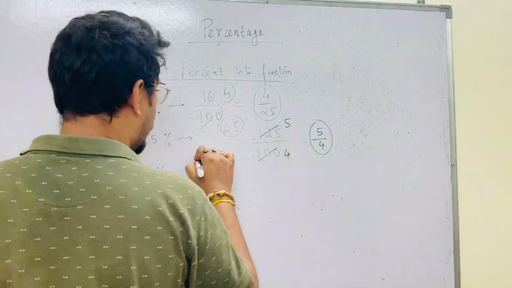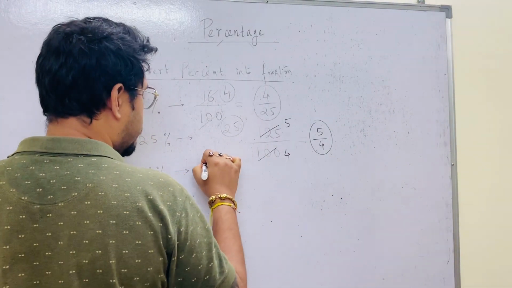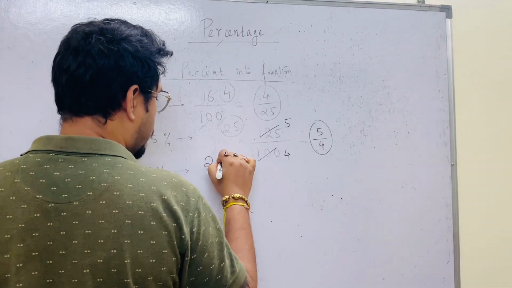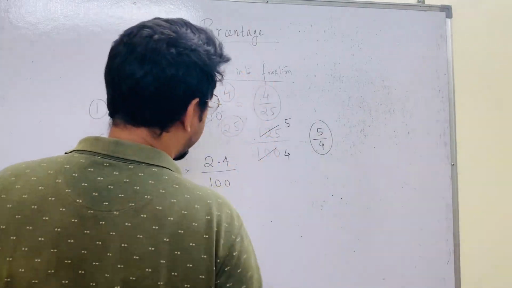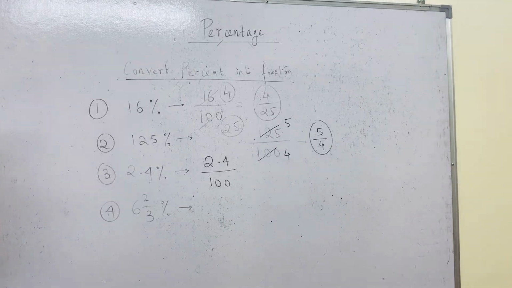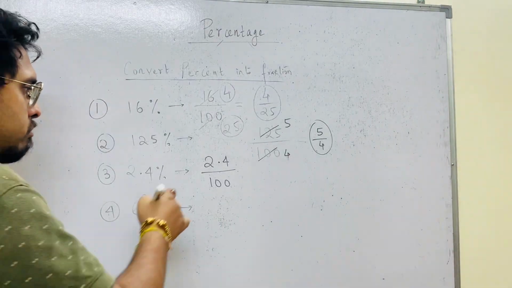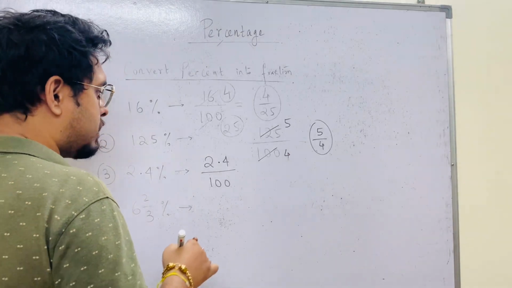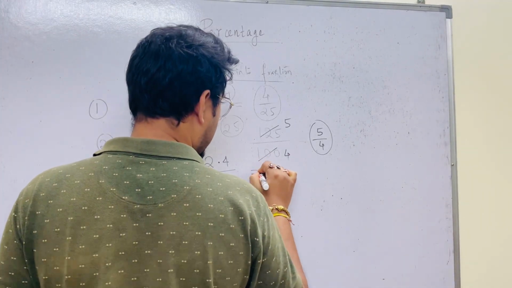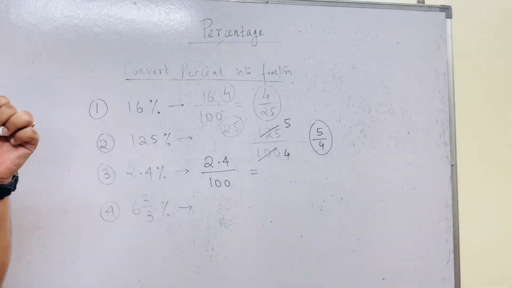Next, 2.4%. 2.4% means 2.4 out of 100, just like all of them. Here, you could cancel directly, but I would suggest converting 2.4 into an integer.